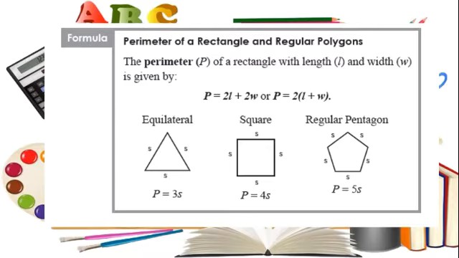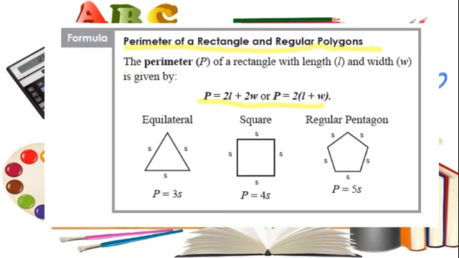The perimeter P of a rectangle with length L and width W is given by P equals 2L plus 2W, or 2 quantity L plus W. So unsang formula? 2L plus 2W, or 2 length plus 2 width. Right? Very good.